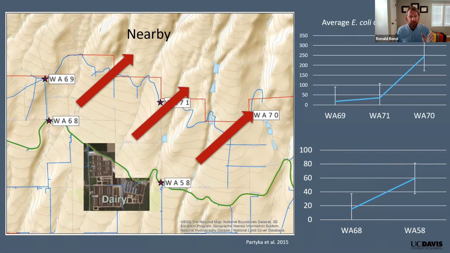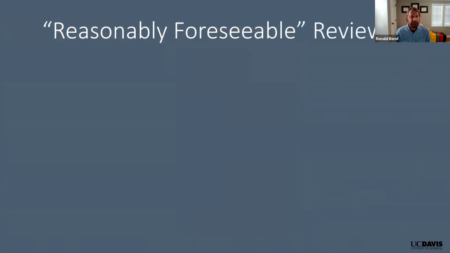So as WA69 all the way to W70, it jumps up pretty significantly. So those are the things you want to be looking at. That's why we say look at nearby, look at a pretty good perspective around your water source to get a perspective of what's going on around you.